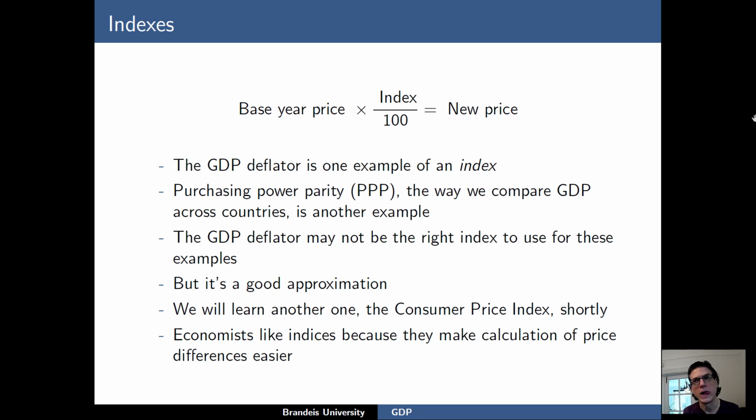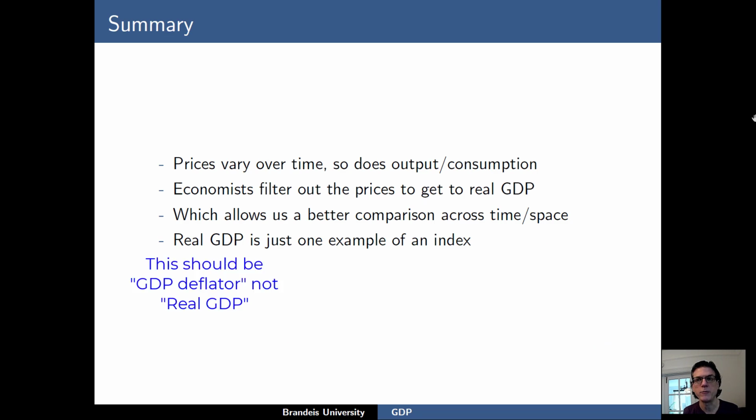That's definitely not true. So any index that you use is going to get you approximately the right answer. And so just remember to use an index. You don't need to remember which index is better for which. I need to know that, but you don't need to know that.